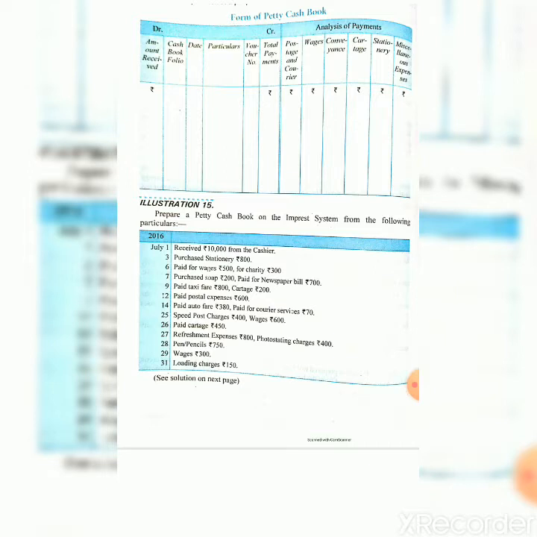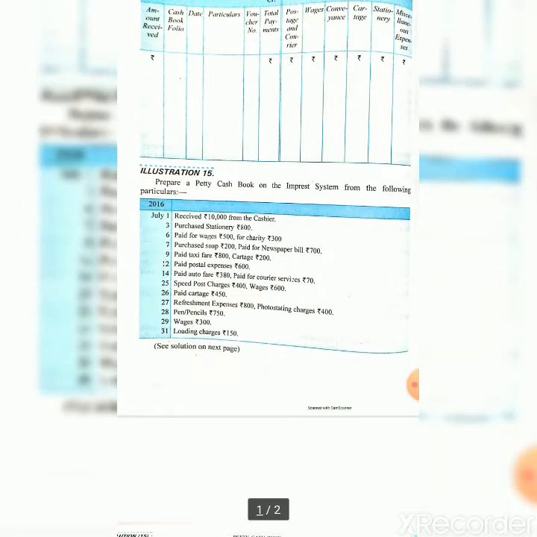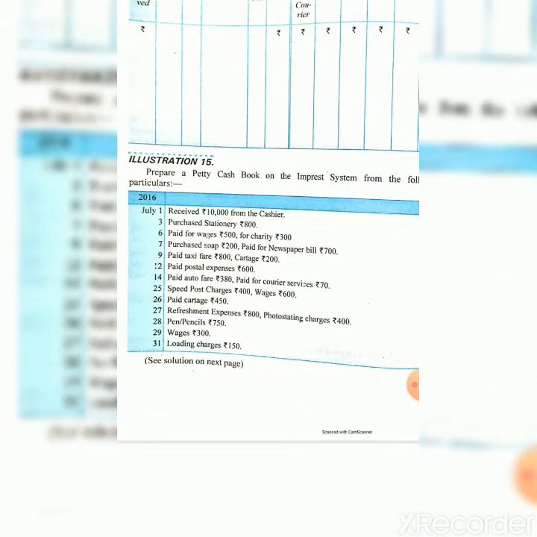Suppose at the end of the month you see that only 700 has been spent, and 300 is the remaining balance. So next time, if you are given pocket money under the imprest system, then again your parents will give you only 700 rupees to make it 1,000 at the start of the month. So that is the imprest system, and in the imprest system we will see how to do the entries.